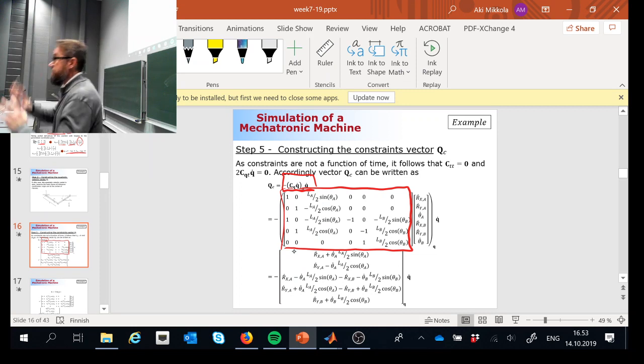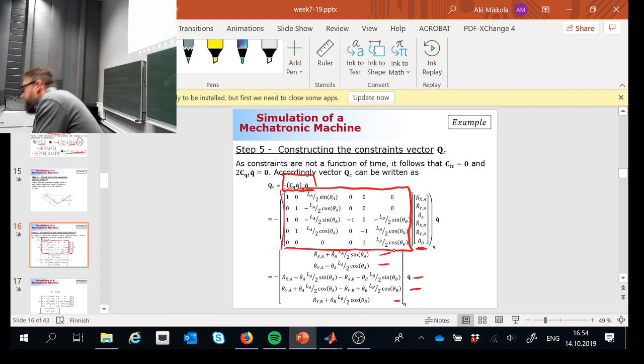Just take the Jacobian matrix, put in the velocity of tensorized coordinates, and do this mathematical operation. What you get as a result is a vector of 5 components. This is how it looks. It's 5 components again because of the 5 constraint equations.